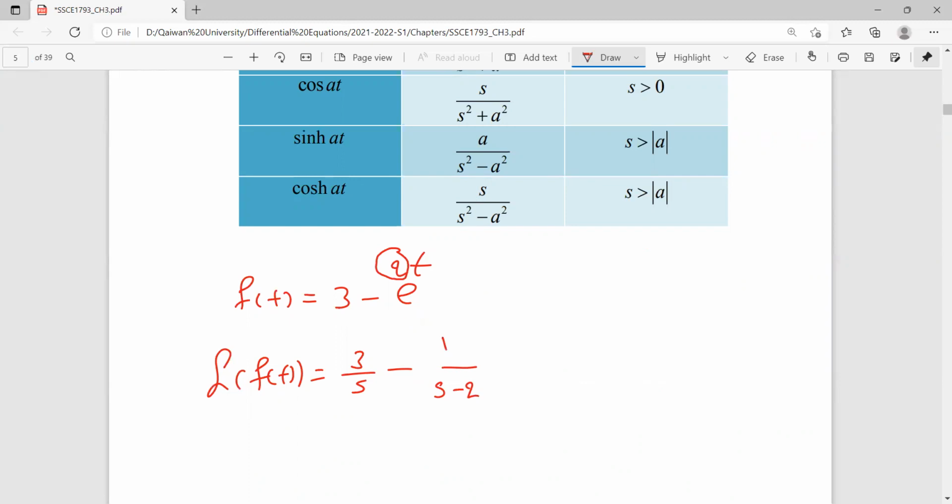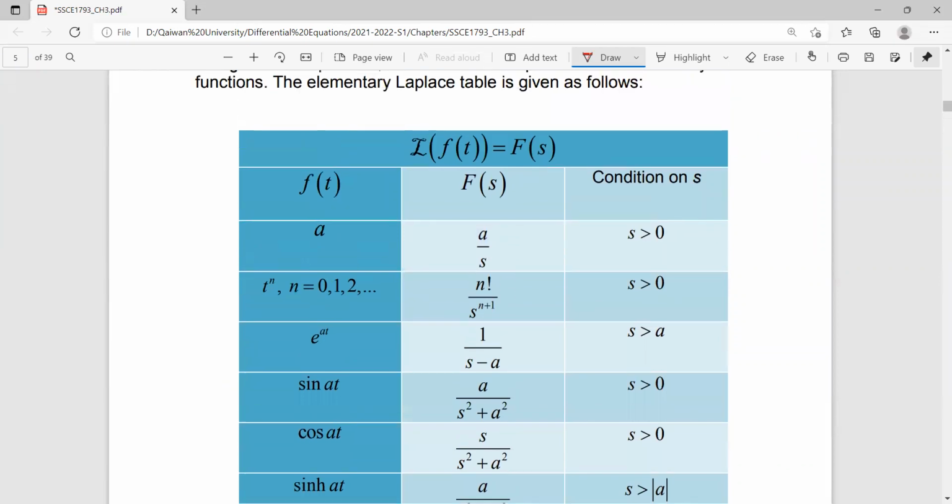We now have the other rules, the rule for all types of functions. We say the Laplace transform of a is a over s, where a is any constant. The Laplace transform of t to the power n, let's say t squared, t to any power, is n factorial divided by s to the power n plus 1.